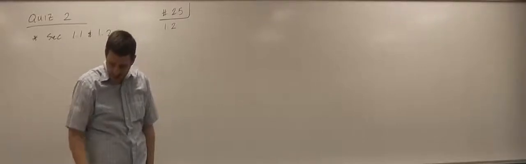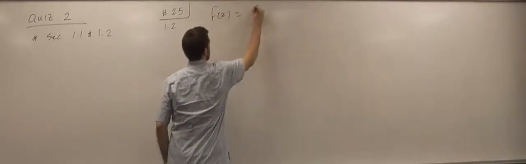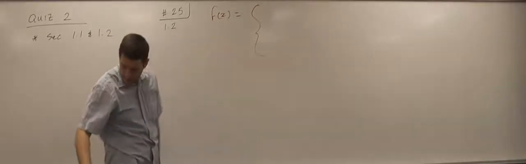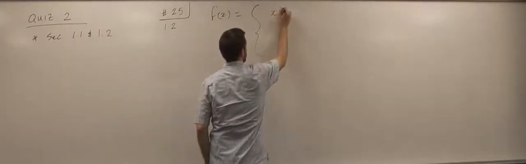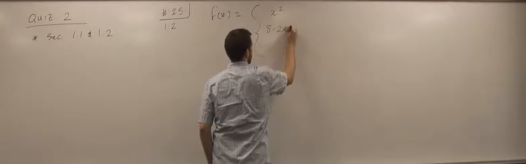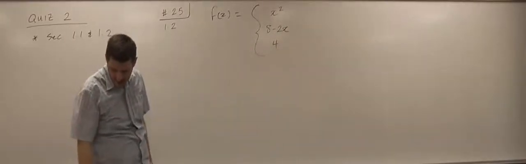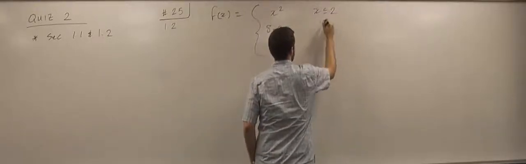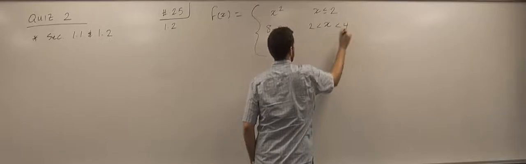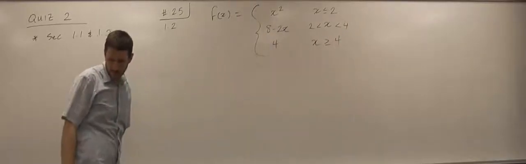Oh, I see, okay. So it gives you this function f of x equals x squared, 8 minus 2x, 4. And it gives you some domain restrictions, x less than or equal to 2, x between 2 and 4, and I assume x greater than or equal to 4.